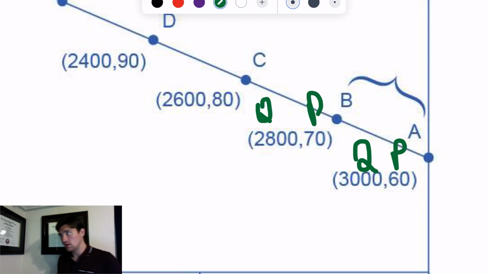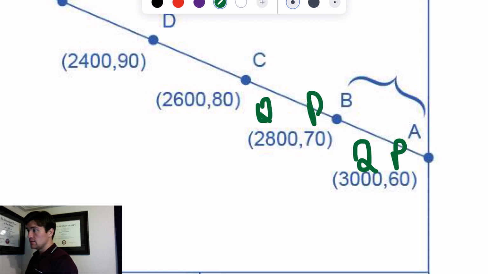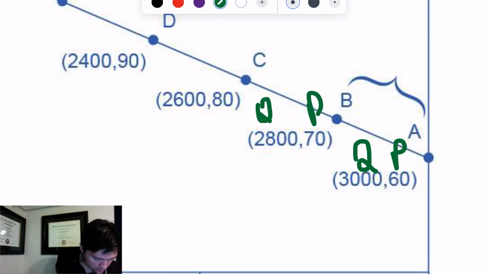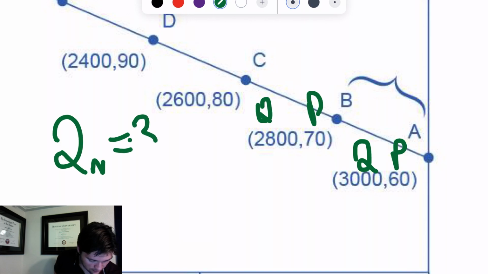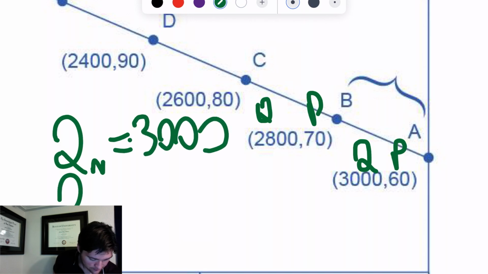I'm leaving B and I'm going to A. So the old is B, the new is A. So new quantity is going to be 3,000. Old quantity is going to be 2,800.